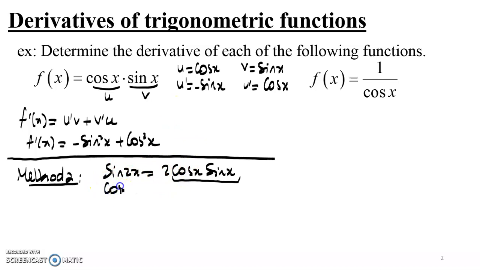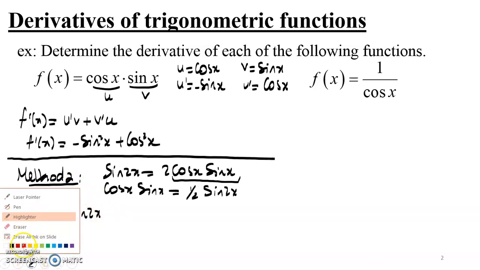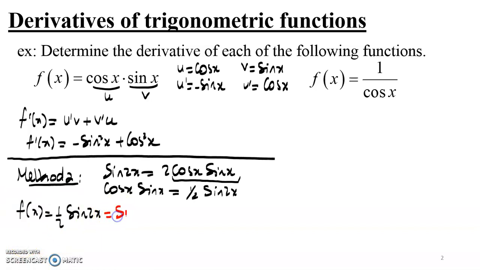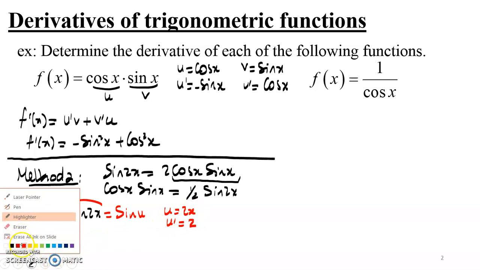So cosine x times sine x can also be written as half sine 2x. So over here, writing f of x as half sine 2x would allow me to differentiate it using the form sine of u, where u is 2x, so u prime would be equal to 2.